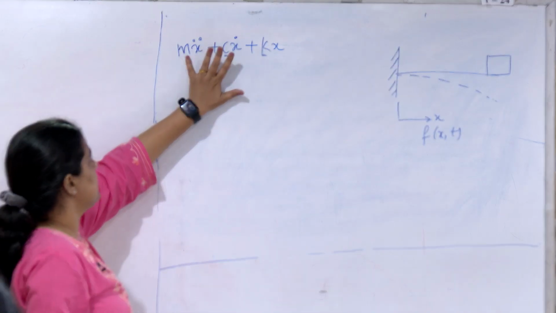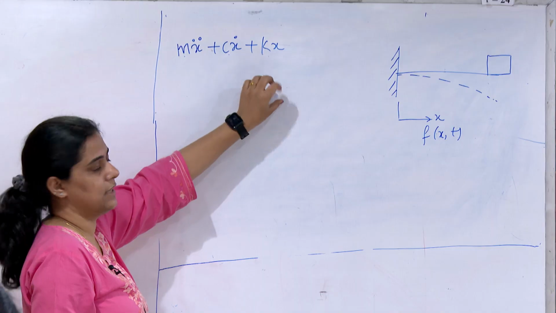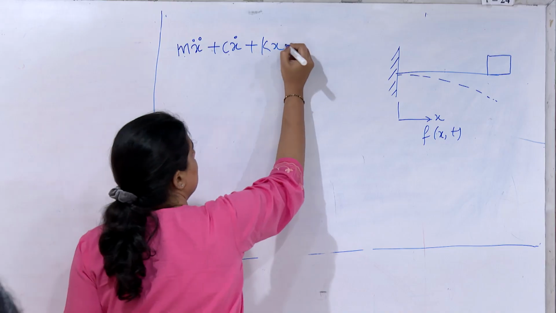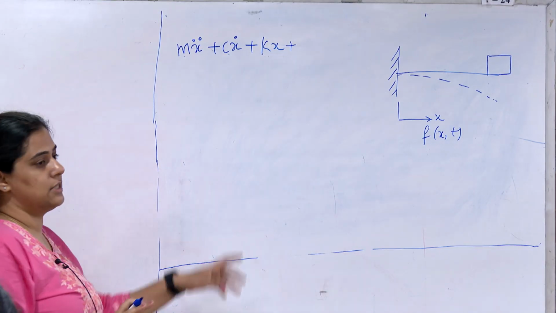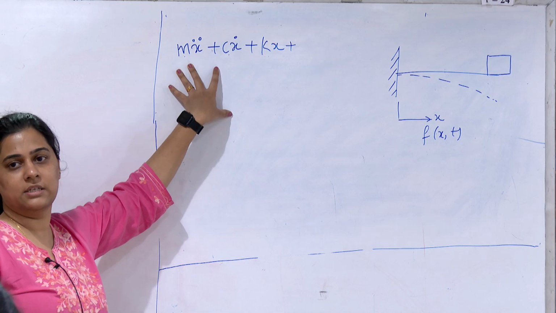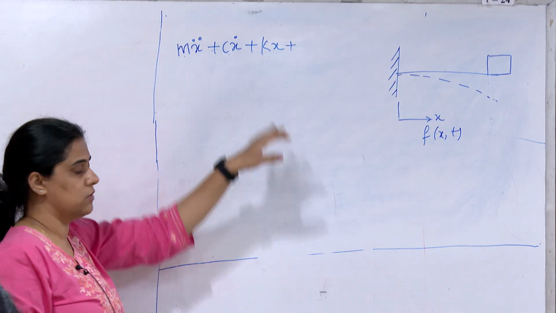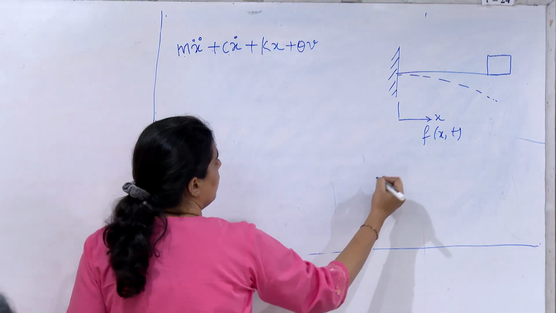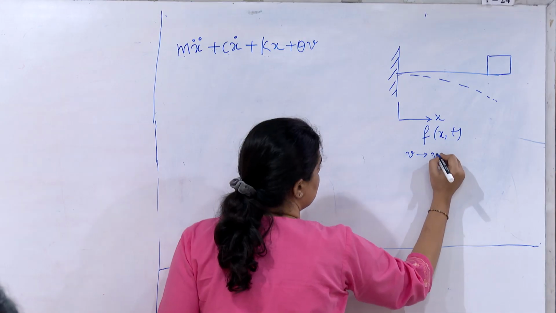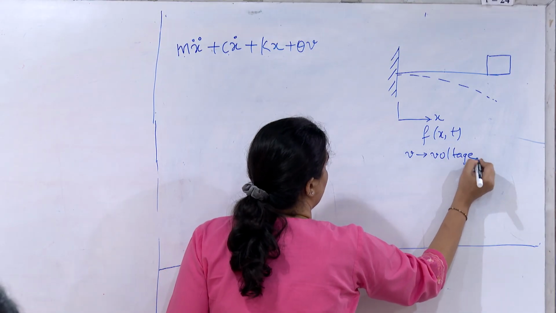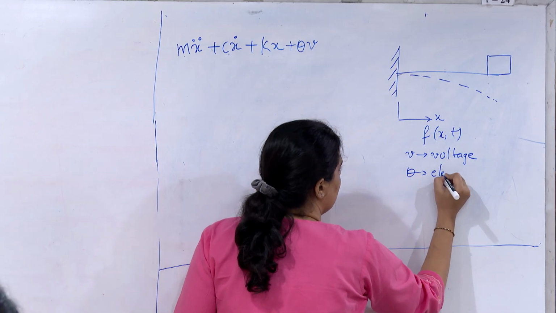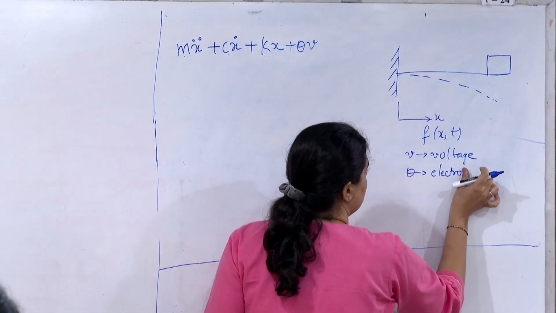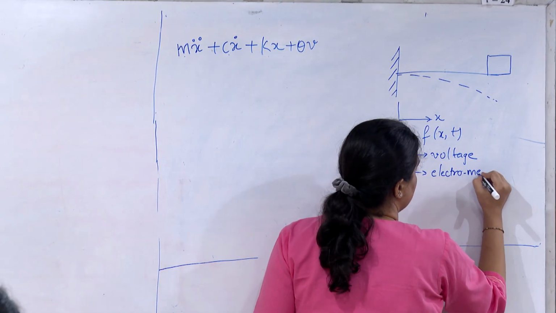So this is just your physical equation, which I think now everyone is familiar with. Then you have a coupling term because I am talking about a piezoelectric energy harvester. It will be theta into V. Here V is voltage, and theta is the electromechanical coupling coefficient.